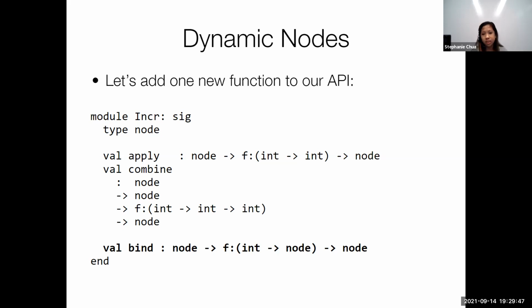Bind is a function that takes in 2 arguments: a node, and a function that takes in an int and returns a new node. Contrast this with apply and combine, where the functions f only return ints. Bind allows you to return new nodes depending on the value of the input node in the first place.